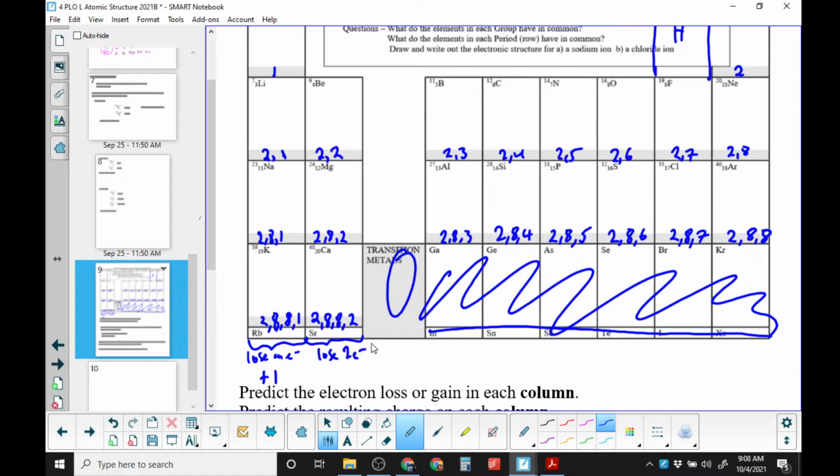What charge would it become? +2. And then, of course, we have this one. And that, Donald, what are we going to do with the electrons in there? Lose 3. What charge would it become? +3.